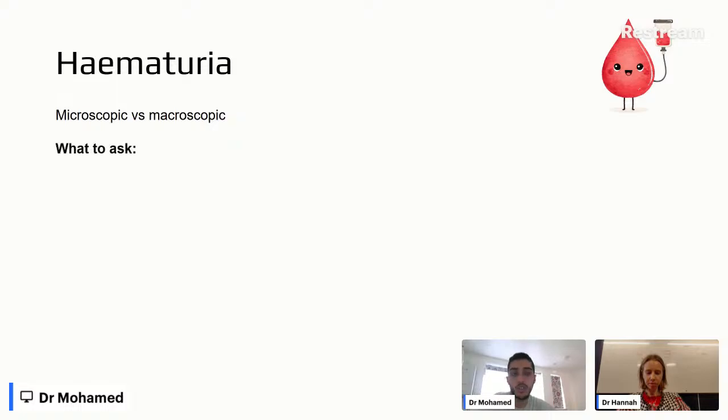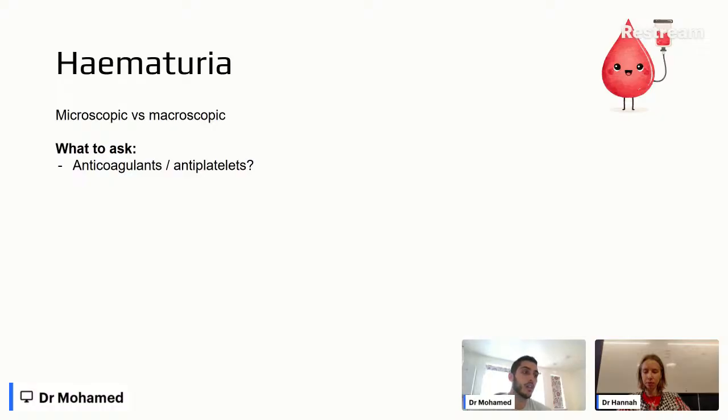So, what to ask people when they come in with hematuria? Number one, are they on any anticoagulation or antiplatelets? This is really important to ask. Of course, there's many different causes of hematuria. As you'll be aware, it could be something malignant, so a cancer in the bladder, or in fact anywhere in the urinary tract all the way up to the kidneys. It could be trauma.